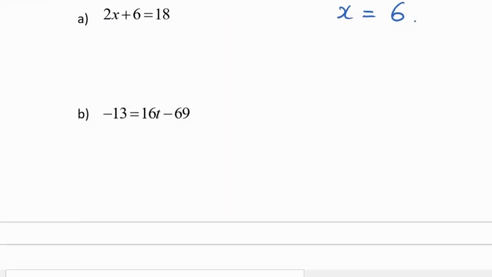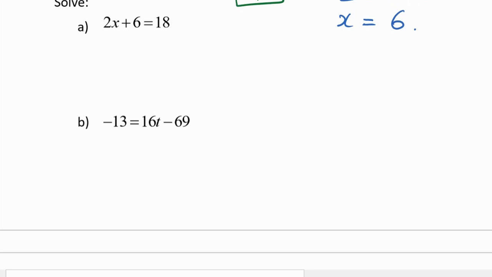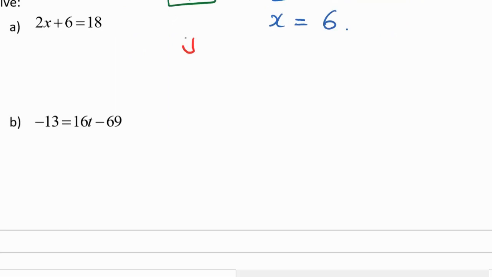This time, we're not using algebra tiles or balanced scales. So we're going to use algebra to solve this equation. So this is a two-step equation because you have to do 2 steps. First step, I want you to write it down. Step number 1, isolate the term with x.